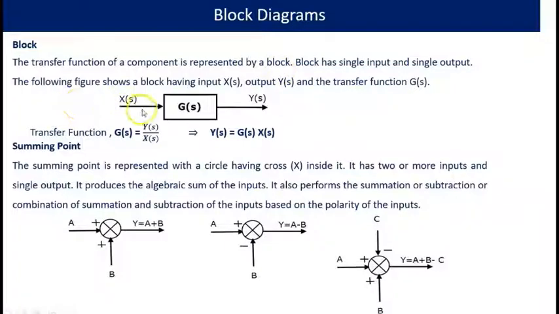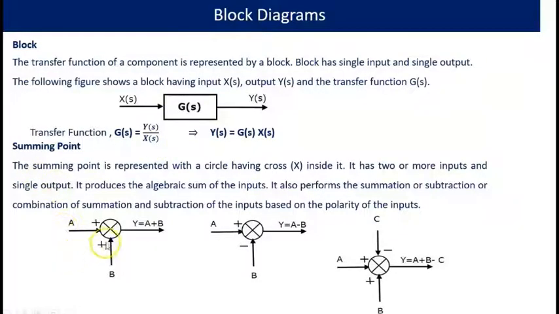It has a single input and single output. Here the input is denoted by the letter X of S and output is Y of S. The transfer function is G of S. Therefore, the transfer function G of S is equal to ratio of Laplace transform of the output and the Laplace transform of the input. So, transfer function G of S is equal to Y of S by X of S.